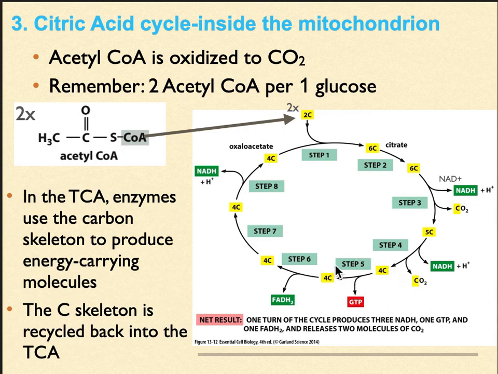And when we are losing carbons as carbon dioxide, we're also producing NADH here and here. And you should know that we are producing GTP, and if you refer to that as ATP for my class, it's perfectly fine because it's a very similar molecule. And we also produce FADH2, which is similar to NADH, and we produce another NADH here.